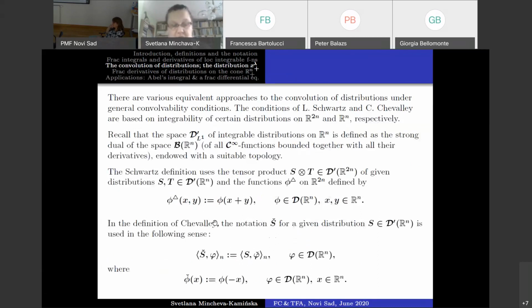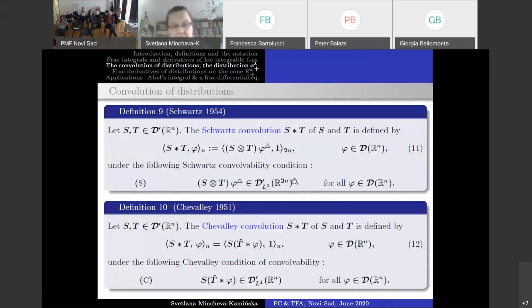And now here we present only in several slides the definitions of Schwartz and Chevalley for convolution of distributions, and they are very well known for some of participants.